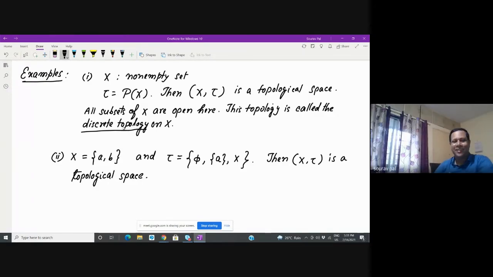Okay, the thing is, why is it called discrete? Well, definitely there is a reason. If X is a non-empty set and you collect all its subsets, I am going to define something called a base for a topology. A base for a topology is a sub-collection from the topology such that, given any open set, you can find a member from that sub-collection. I am going to tell it in detail.